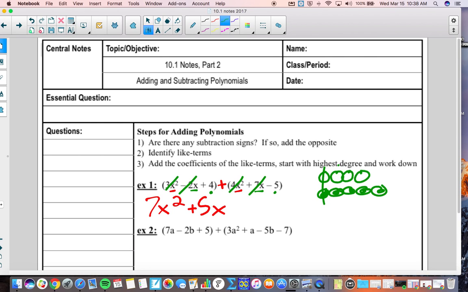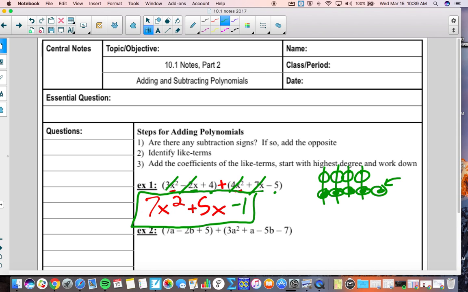Positives and negatives. Positive 1 plus a negative 1 is 0. Positive 4 plus negative 4 is 0, but I'm left with a negative 1 right there. Or a lot of you are probably just like, hey, 4 minus 5 or 4 plus a negative 5 is negative 1. You bet. So there's our answer.